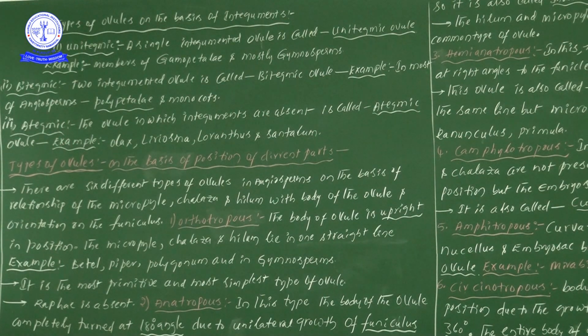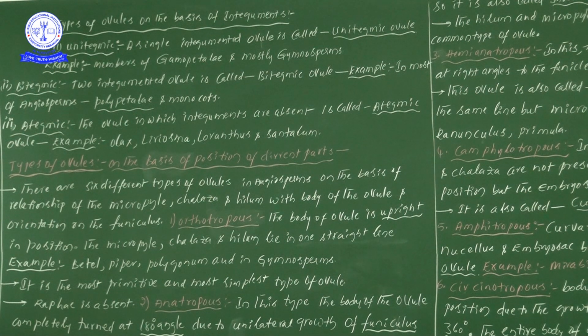Best examples are Olax, Liriosma, Loranthus, Santalum. One more time: Olax, Liriosma, Loranthus, Santalum. All these examples can be taken under the ategmic condition.